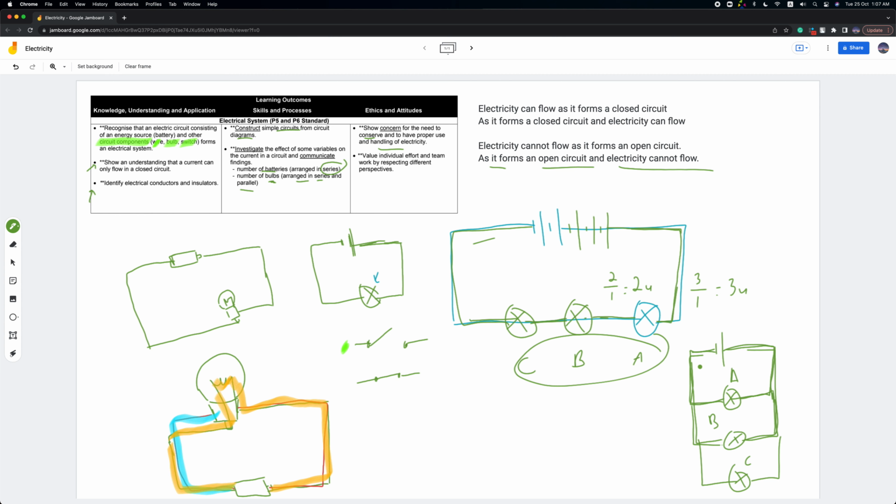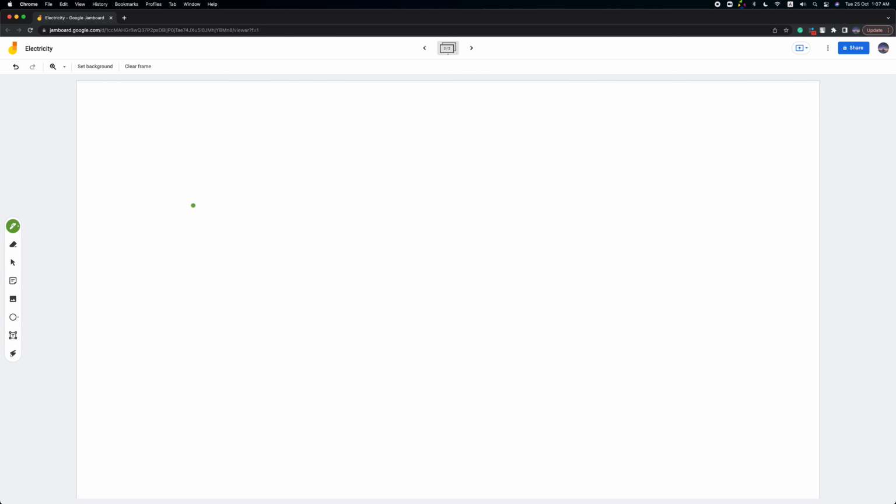So what are the effects? Why do we need a parallel and a series circuit? Very simple. If we have one bulb arranged like that, just now we talked about one battery shared with one bulb, this is 1 unit. But if we have two bulbs, let's see what happens.